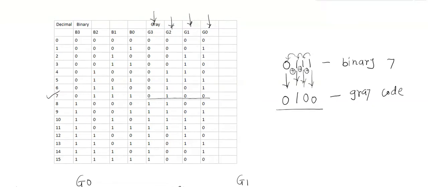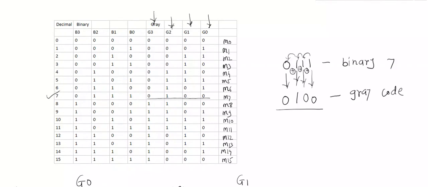Now for G0, the column G0 we are going to plot onto the K-map. Now again we know that this is my M0 bit, M1, 2, 3, M4, 6, 7, 8, 9, 10, 11, 12, 13, 14 and 15. Now in this truth table, the rows of G0, G1, G2 and G3 are representing the cells of a K-map as M0 to M15.